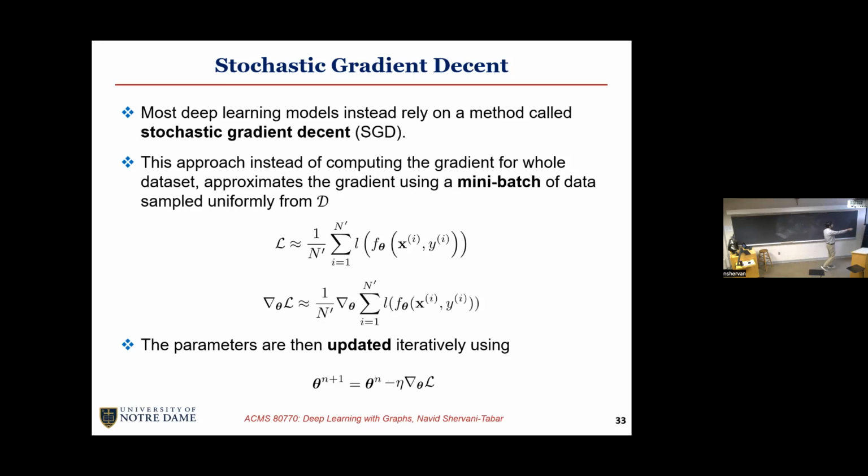This gradient is going to be our guide, and we're going to update parameters according to this relation. I'm going to take a step in the negative direction of this gradient, with a step size that I call eta, which is essentially our learning rate, and I'm going to update my theta using that.